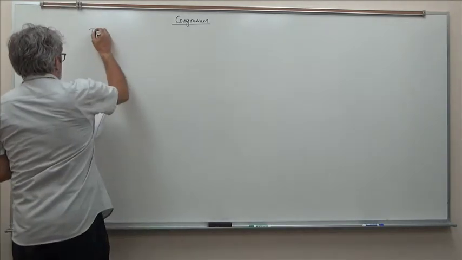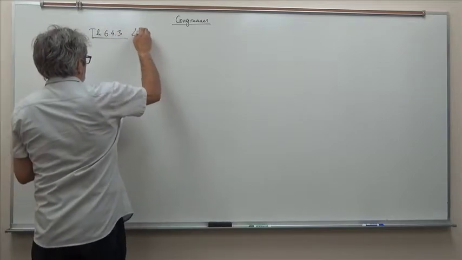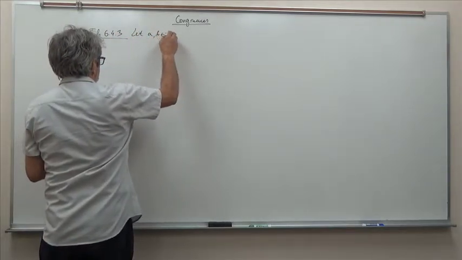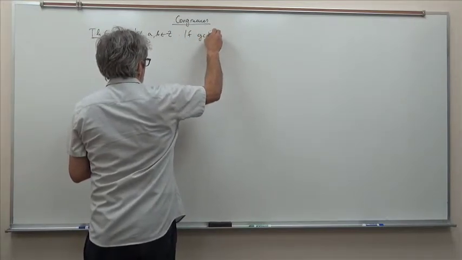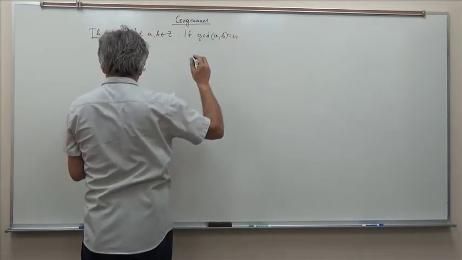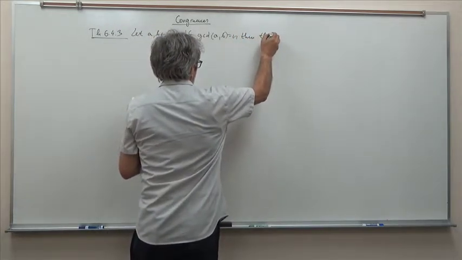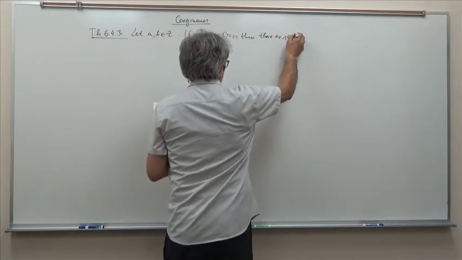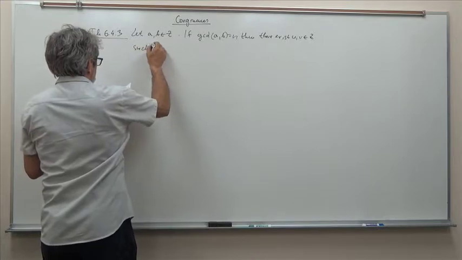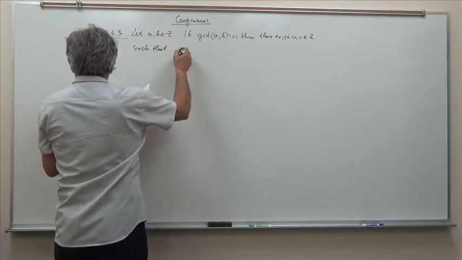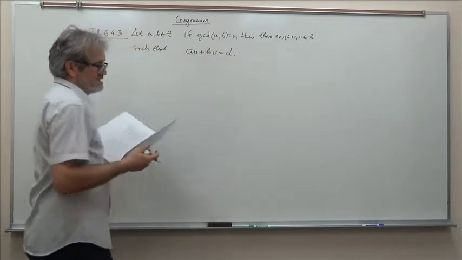Theorem 643 says the following: let A, B belong to Z. If GCD of A and B equals D, then there exist U and V from Z such that AU plus BV equals D.